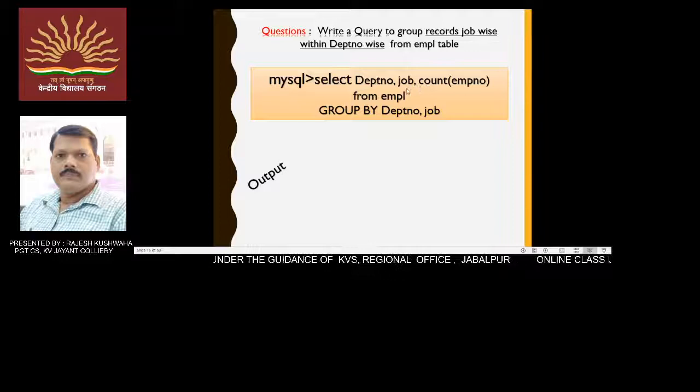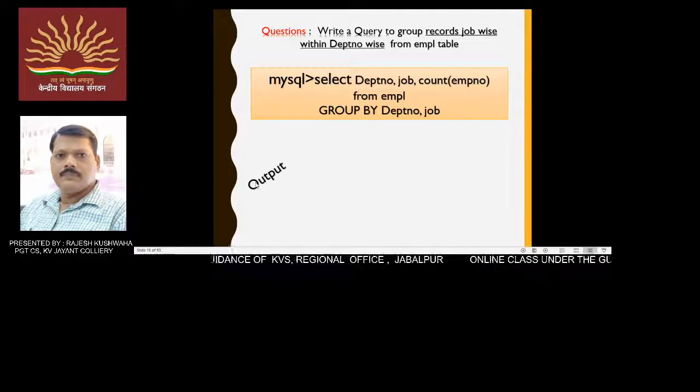One more thing you have to remember here: whichever columns we write after the group by command, that column name is also included with the select command to display the proper output. So select department number, job, count employee number from table. The count will count the number of records under the employee number column.